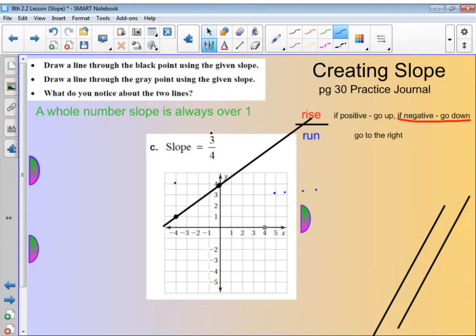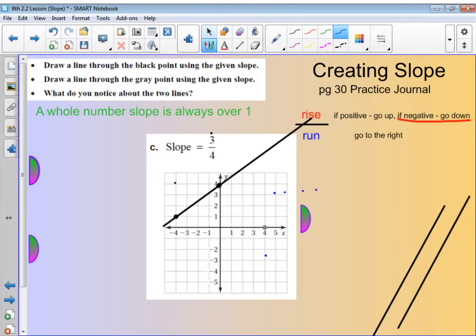Okay, so in this case, if your graph isn't big enough, you're going to have to work your numbers backwards. In other words, instead of going up 3 and to the right, we're going to end up having to go down 3 and to the left. So if your graph is to the point where it's not big enough, you're going to have to do everything backwards because you're really trying to work backwards from that gray. So instead of going up 3, I'm going to go down 3, 1, 2, 3. And then instead of going to the right, I have to do the opposite.